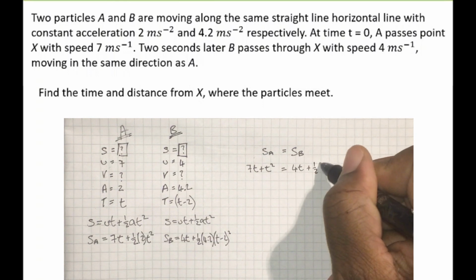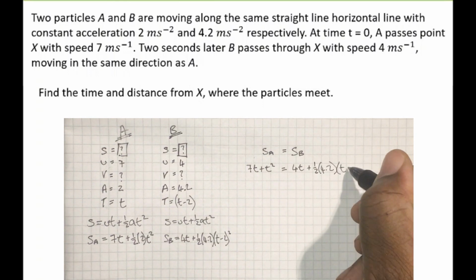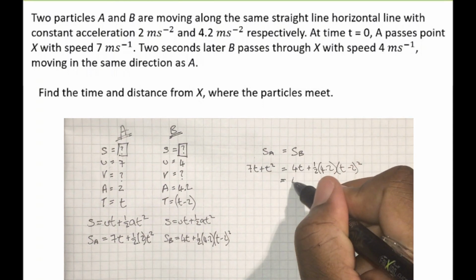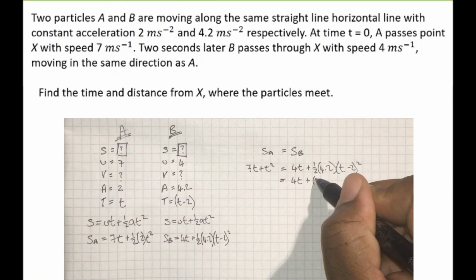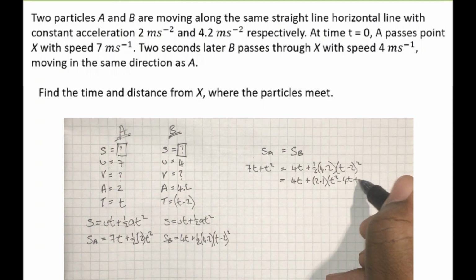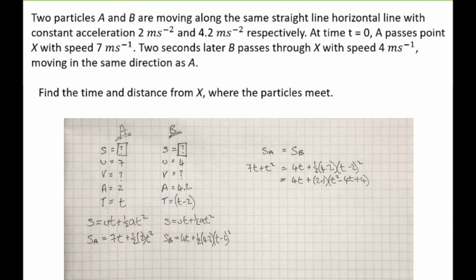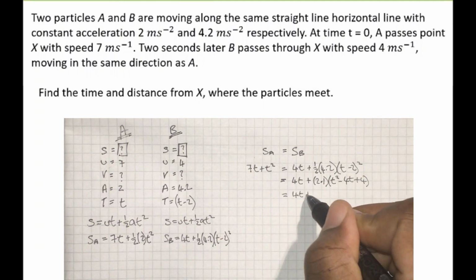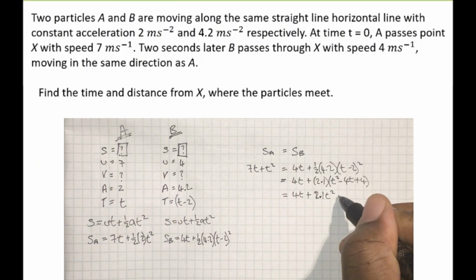I've got some tidying up to do on the right hand side. I can square this algebraic expression, t minus 2, we can square that in our heads, and I can simplify by expanding the brackets. I see here that I'm going to be working with a quadratic equation. I've got t squareds, and I've got t to the power of 1, and I've got constants.